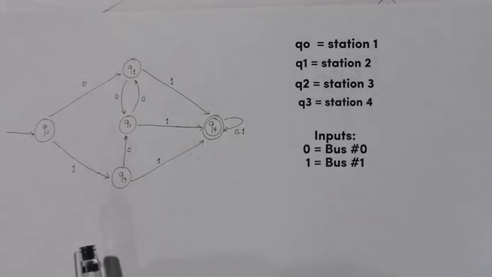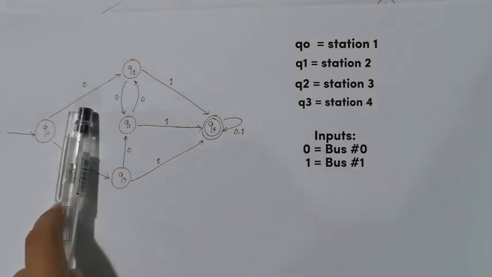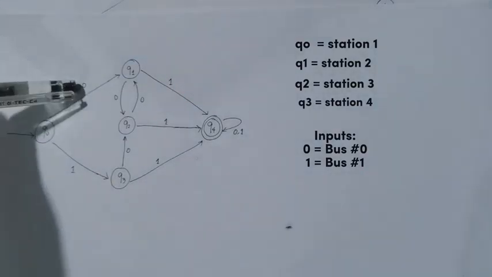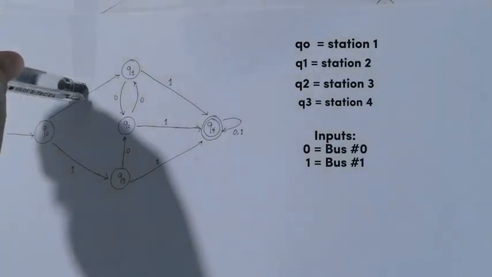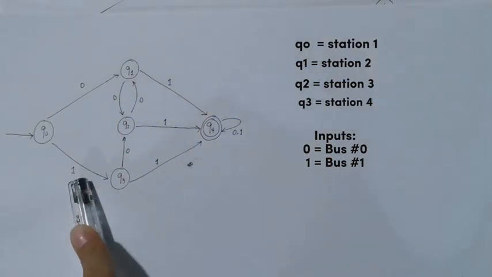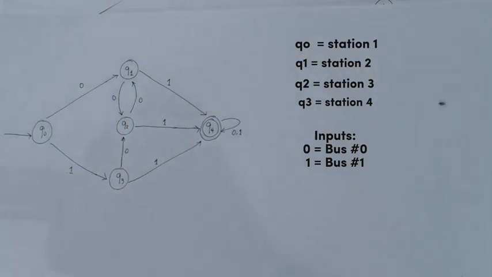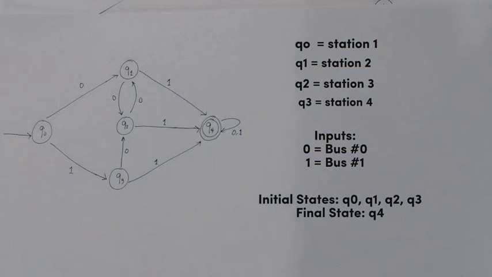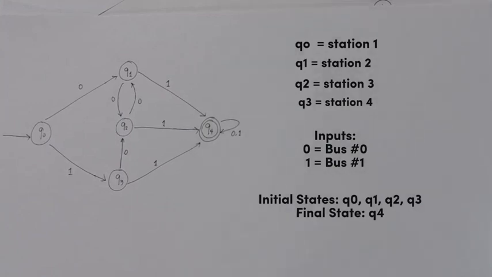Inputs would represent the bus code, like for example 0 would be bus number 0 and 1 would be bus number 1. Take note that Q sub 0, Q sub 1, Q sub 2, Q sub 3 are the non-final states, while Q sub 4 is the final state.